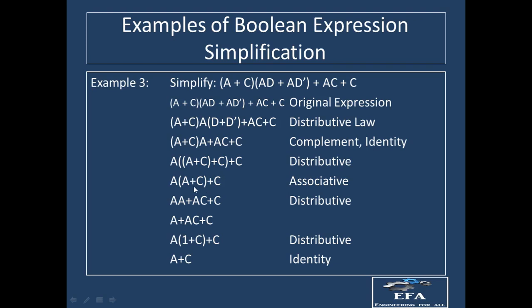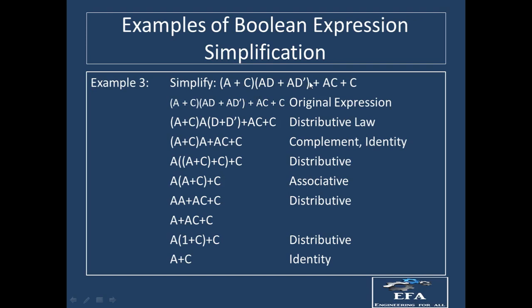After that, we can multiply this a with this bracket, so we have a into a plus ac plus c. a into a is equal to a, plus ac plus c. Taking a common, we have 1 plus c plus c. So ultimately we have a plus c only. If you look at this expression, we have 1, 2, 3 and 4 OR gates, one AND gate and one NOT gate.